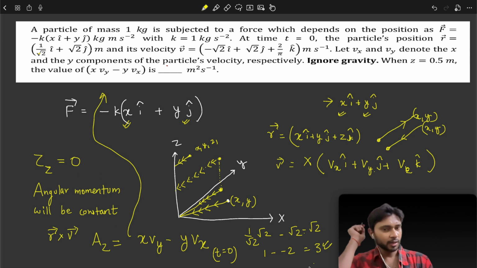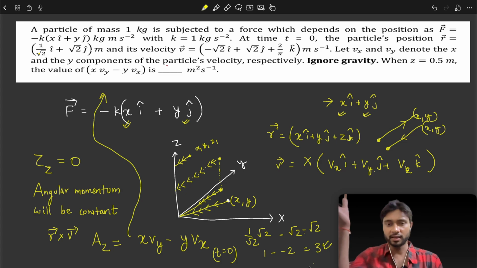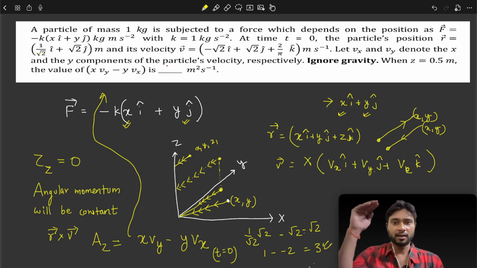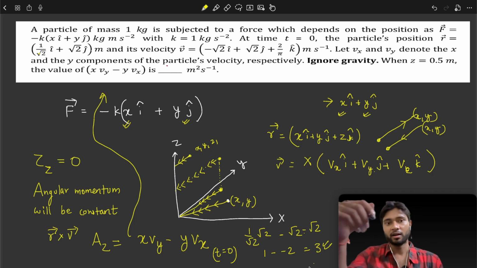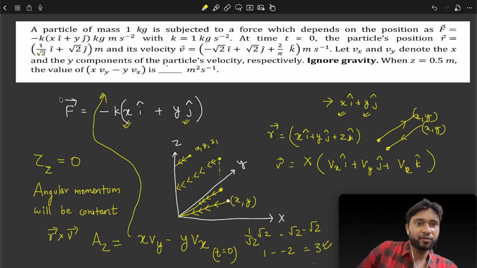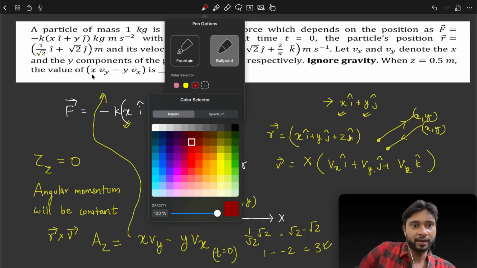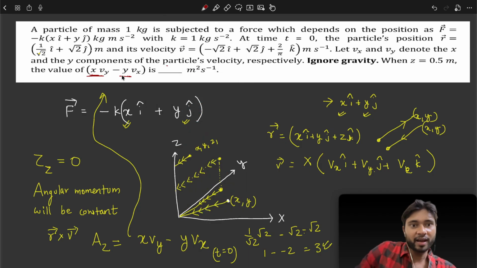This was the way we could have solved it. It is not necessary that we can think like this during exam time. The first approach was still okay, but this is one of the very beautiful ways we should have thought. So the lesson which I learned and everyone should learn is, if we are getting this kind of parameters, x vy minus y vx, cross product should come into our mind, and we should see if a cross product is there. Generally we see a cross product while we calculate torque or angular momentum.